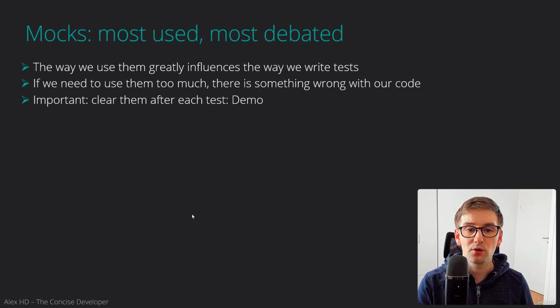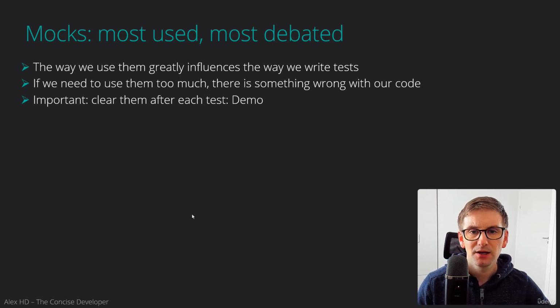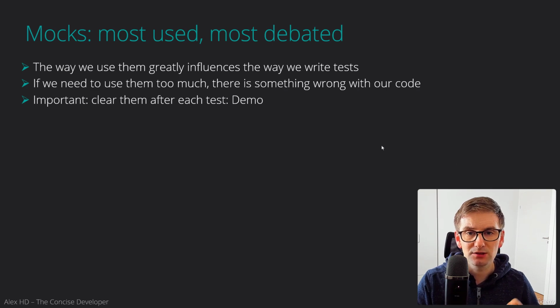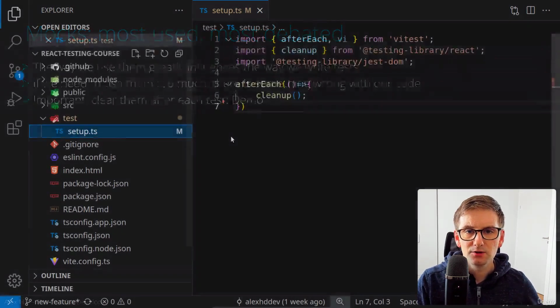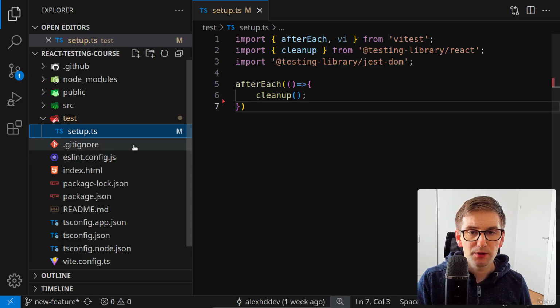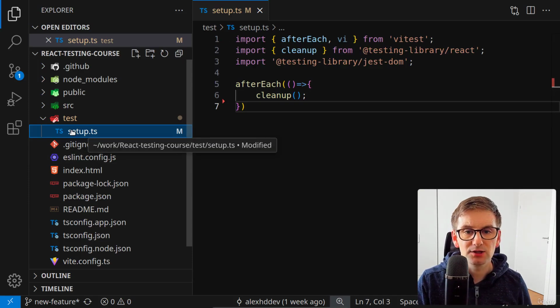Very important for React and for any testing environment, it's very important to clear each mock or each test double after each and every test. In order to show you how to do this, let me switch to my IDE. So inside the project, we have a setup file that will be run before each test.